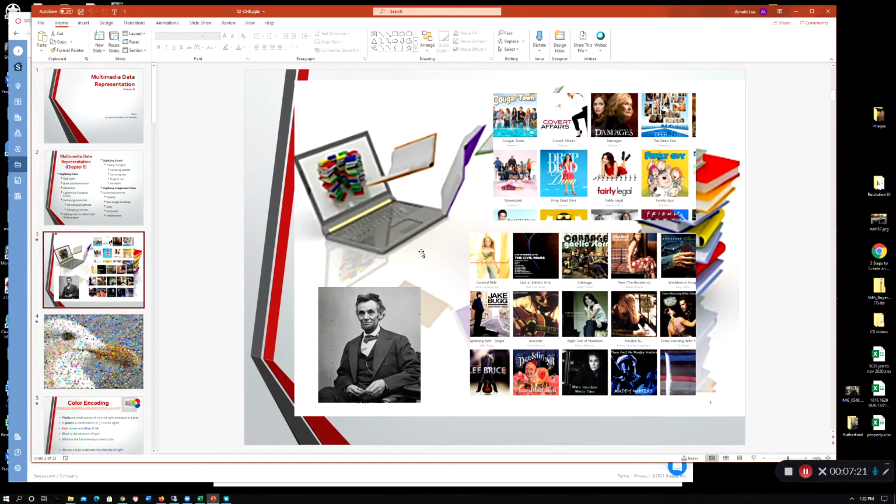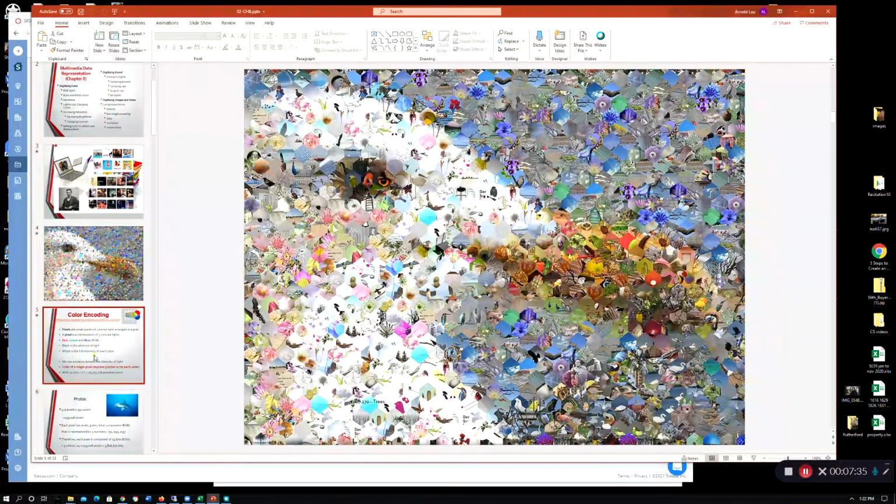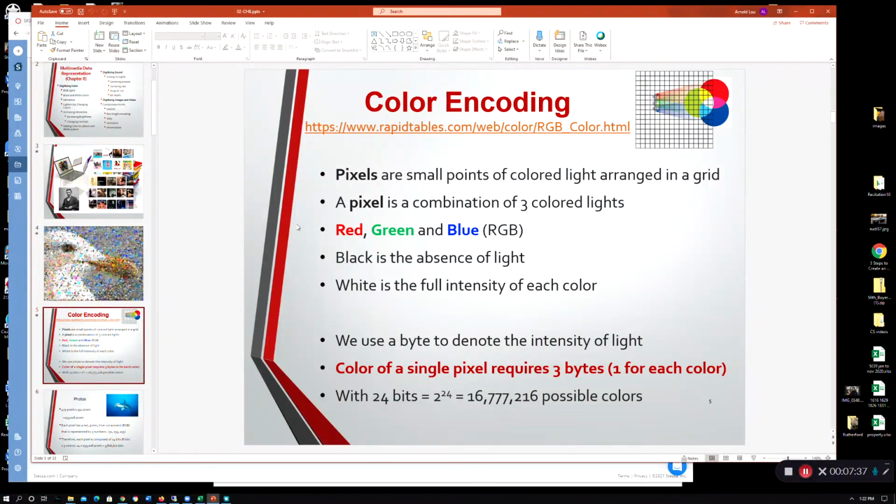So when you think about this, you're thinking about, well, we can record sounds, we have pictures, we have video. Okay, so that's what we're talking about in terms of storing things digitally. So when you look at a picture, all the different variations of colors are going to be some combination of red, green, and blue, right?